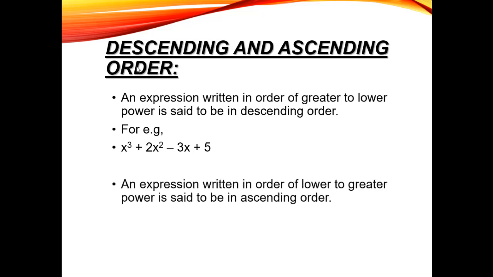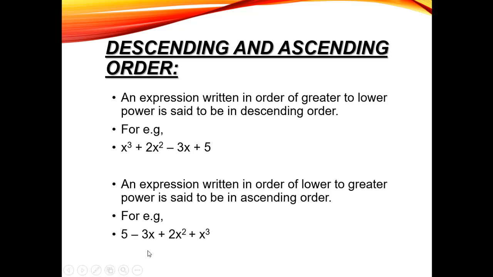Now, an expression written in order of lower to greater power is said to be in the ascending order. It is actually the reverse of the previous one. For example, I just reverse this whole expression.